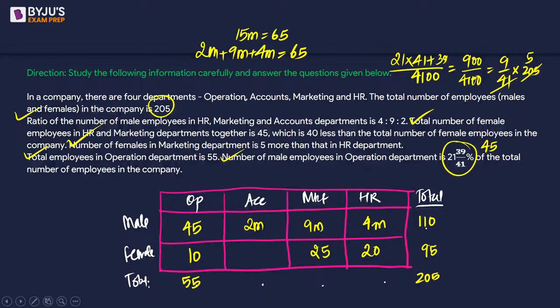So out of 45, we have those many. 4, 9, and 2 is 15, 15M. And okay, since we have total female as 95, out of which we already have 55, so this is going to be 35 females in accounts. So the accounts department we are done with.